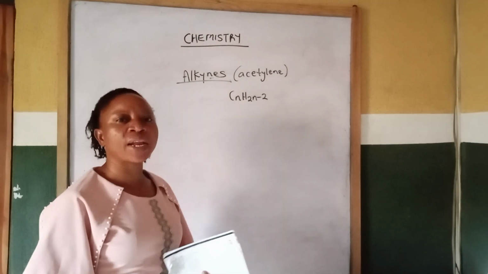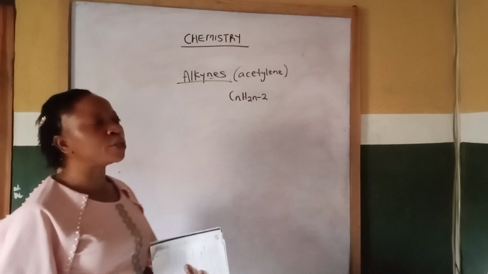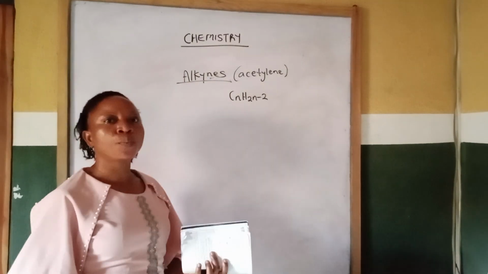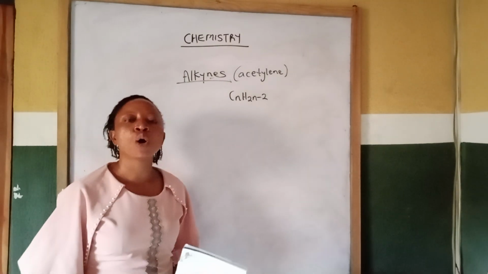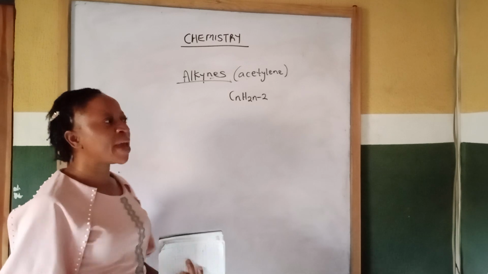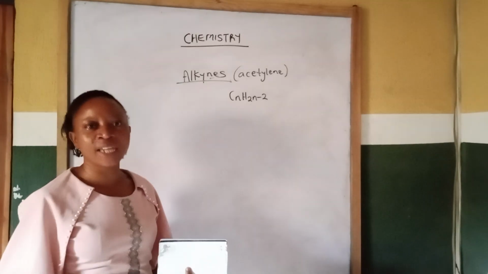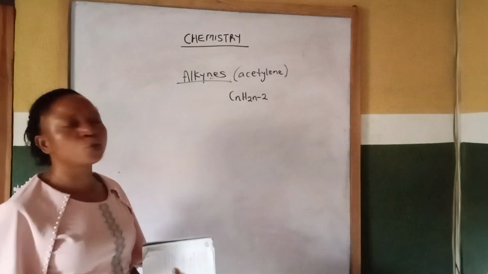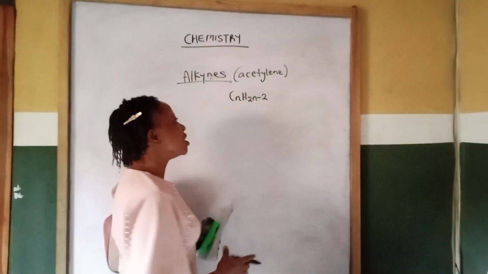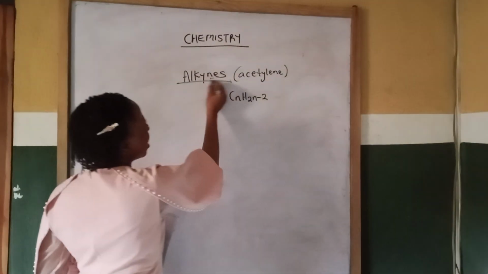Like I explained in my last video, members of hydrocarbons start with the prefixes meth, eth, prop, but, pent, hex, hept, oct, non, and dec. So all you need to add to those prefixes is their suffix, which is their name ending.